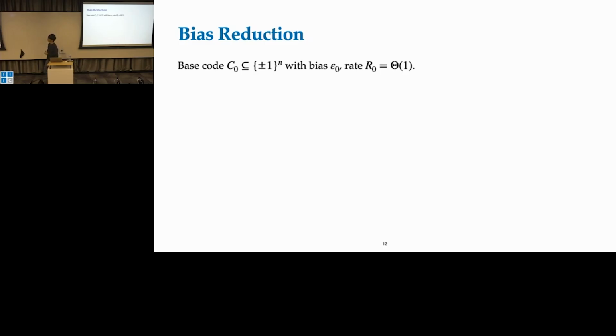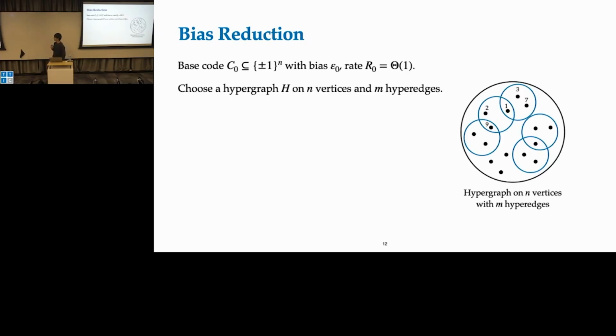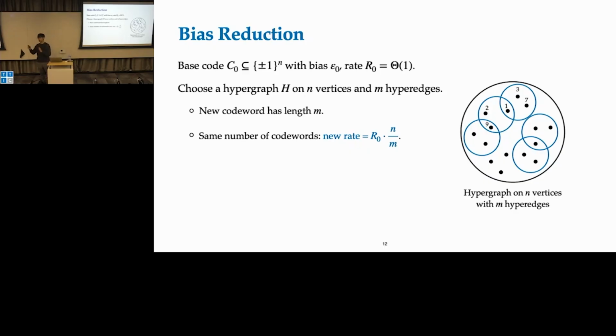Here, okay. So we have a base code, now in plus minus 1, with bias epsilon naught and rate r naught, both some constants. We're going to choose a hypergraph on n vertices and m hyperedges. The new code will have length m, which is just the number of hyperedges in the hypergraph. Notice that in this procedure, we're not introducing new message bits. We're taking the original code and then enlarging it.